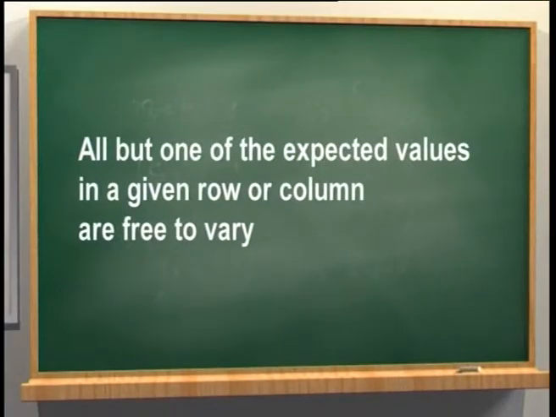Degrees of freedom is an issue because of the way in which expected values in each cell are computed from the row and column totals of each cell. All but one of the expected values in a given row or column are free to vary. Once the free to vary expected cells are specified, the last one is fixed by virtue of the fact that the expected frequencies must add up to the observed row and column totals from which they are derived.